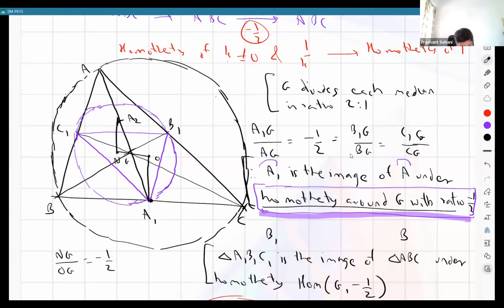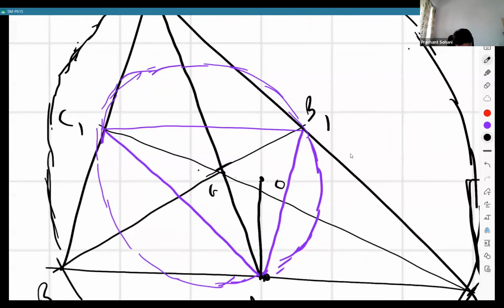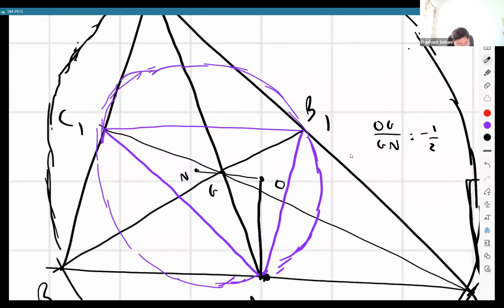I know A2 does not go there. Let me magnify the diagram for the purposes of this. So actually our N will be somewhere over here. Okay, so N is such that OG upon GN is equal to minus half.